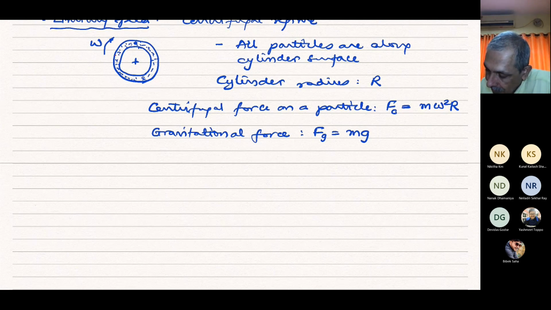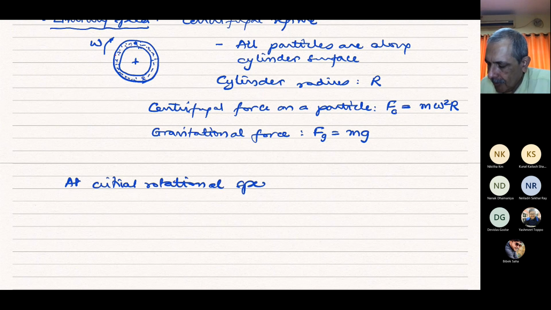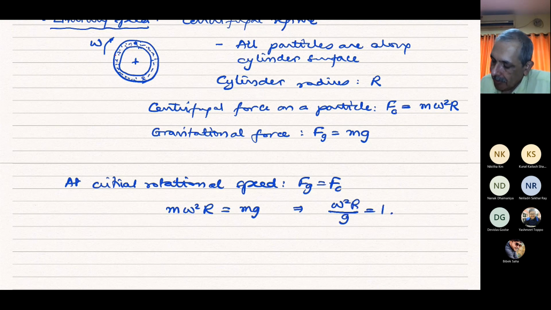So then at the critical rotational speed, you have Fg is equal to F centrifugal, or m omega squared r is just equal to mg, or you can say that omega squared r by g is equal to 1.